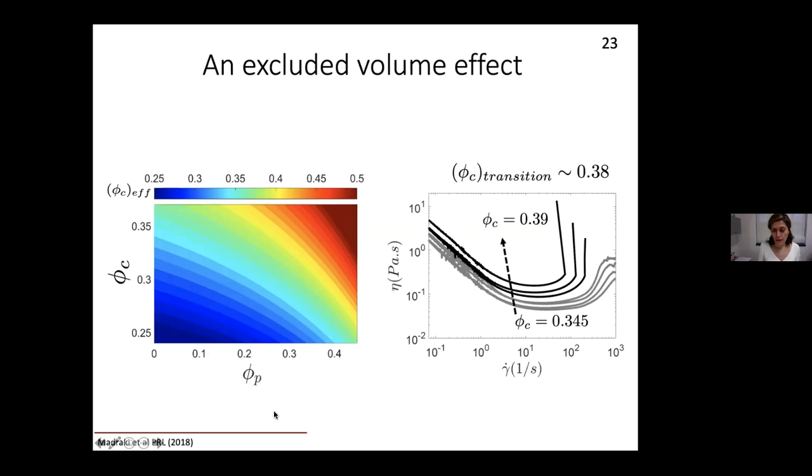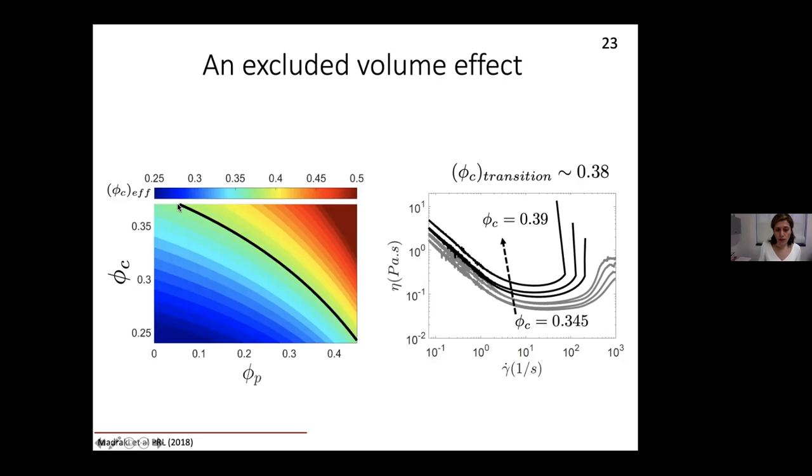If I look at the rheology of the small grains in water with no large particles, as I showed, there is a transition from continuous shear thickening to discontinuous shear thickening, and this transition occurs at a solid volume fraction of cornstarch of about 38%.